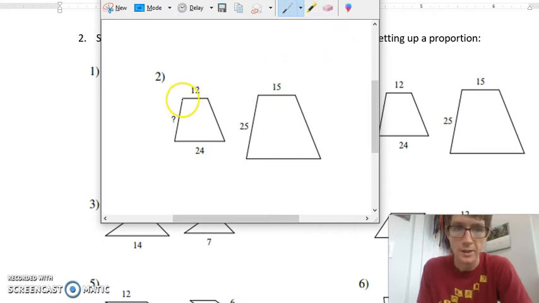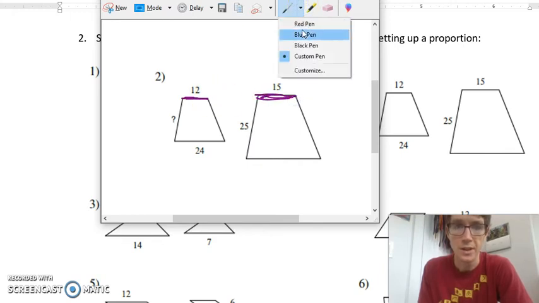We know that here the 12 and the 15 are the corresponding sides. I'm going to highlight this. These two sides are corresponding, and then the other sides are corresponding. We're trying to figure out what this question mark would be.